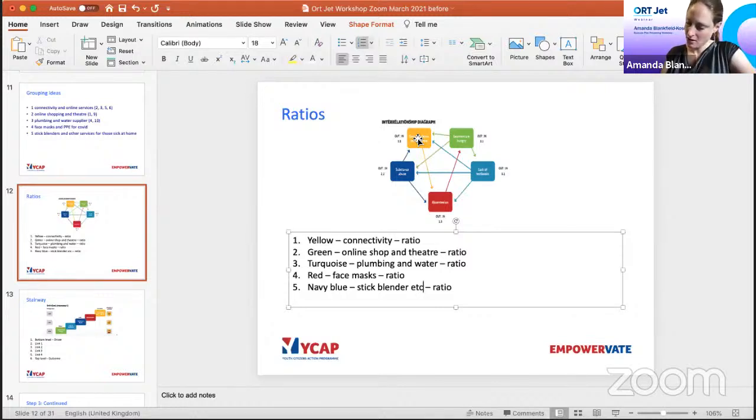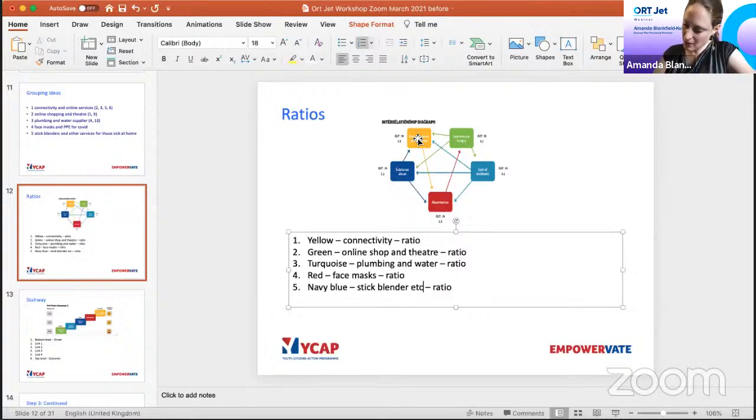Then for online shopping, there's 4 that went out and none that went in. For the plumbing, there were 3 that went out and 1 that went in. For the face masks, there's 1 that went out and 3 that went in. So there'll be 1, 3.